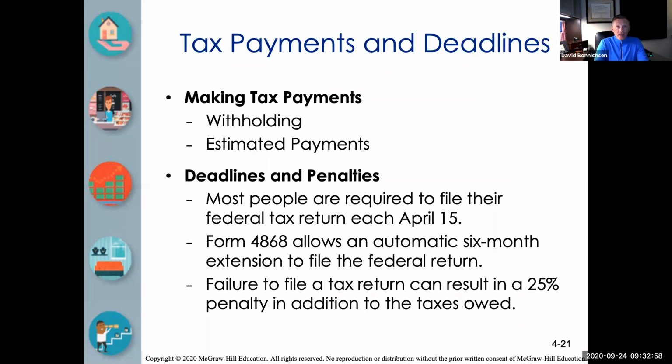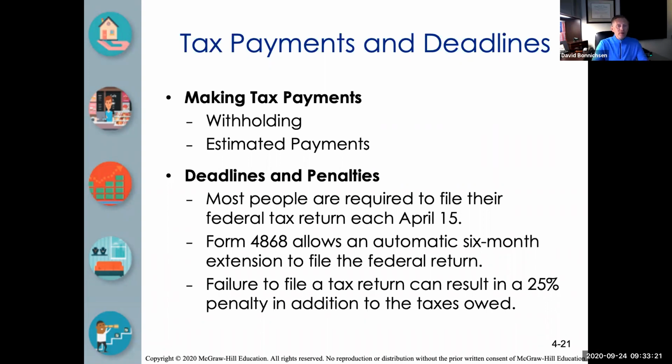However, even if you're going to file for an extension, you still have to transmit your tax return on April the 15th. And if in the process of completing that filing you find that you owe the government money, you still have to write the check on April the 15th.